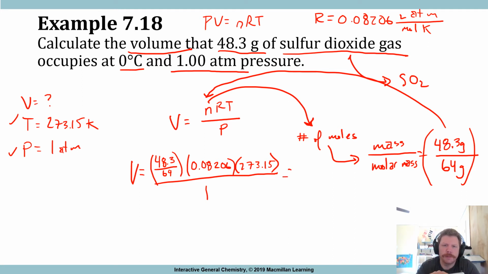So 48.3 divided by 64 times 0.08206 times 273.15 equals 16.9. What are my units? I'm going to call that 16.92 liters.